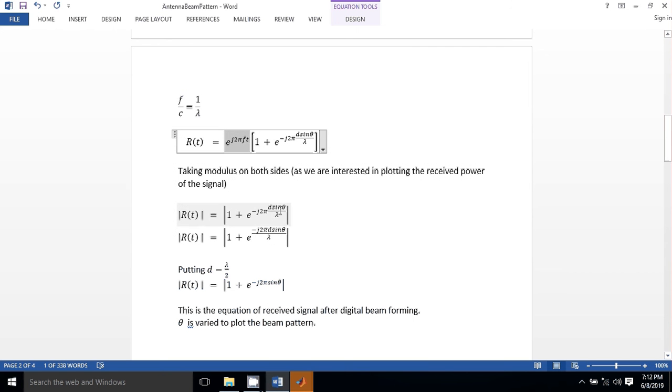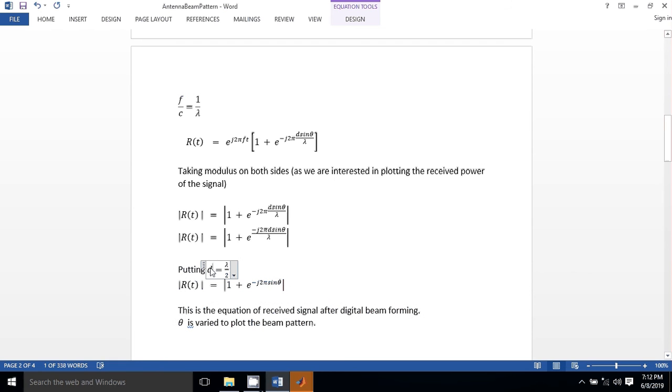Remaining is this part. As I told, we generally consider d, the antenna separation or the distance between the two antennas, in terms of lambda. Here let us consider the antenna separation is lambda by 2. Remember, lambda is the wavelength of the signal that we transmit.